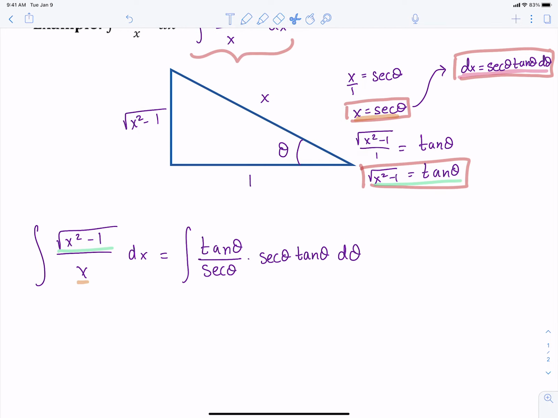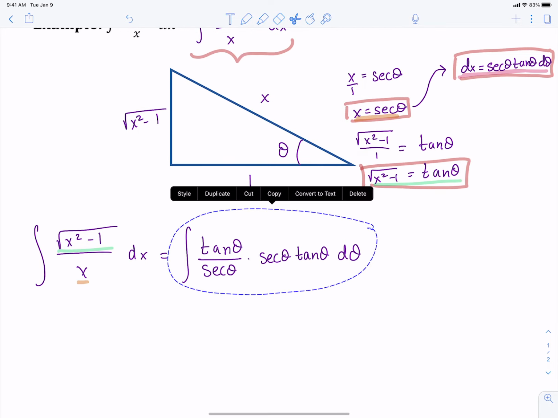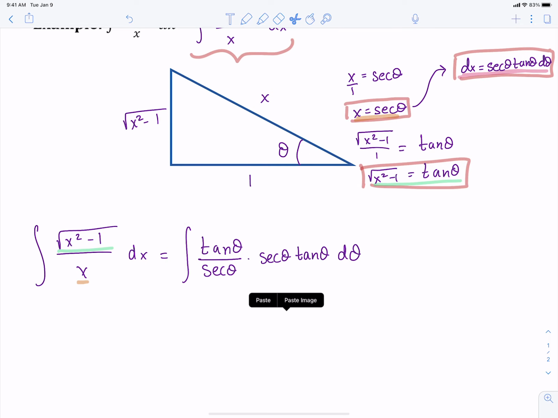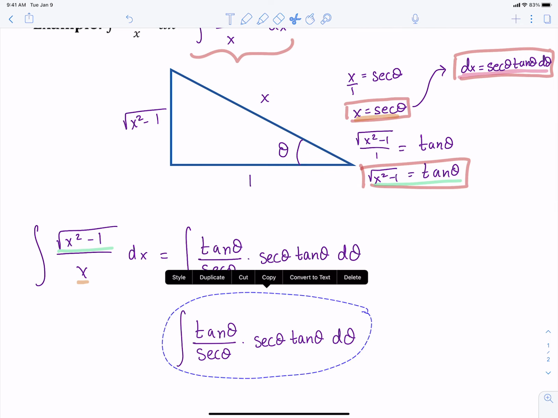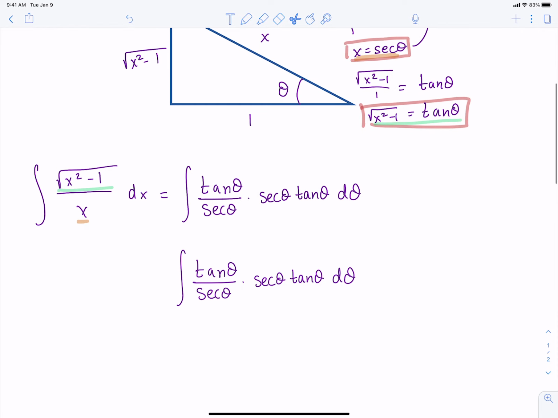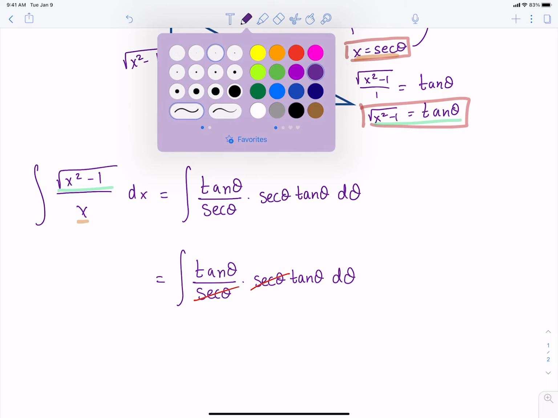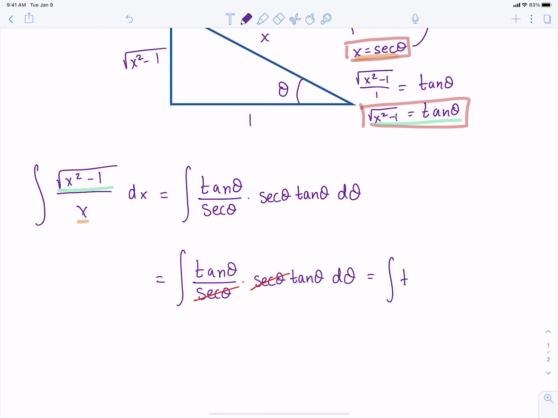So maybe like we did in the last video, we will copy this before we cancel it, so that again we can see that original substitution before we clutter it up with canceling here. So we have a secant on the top of the fraction and a secant on the bottom, so those do cancel. And then this is also equal to the integral now of tangent squared of theta d theta.